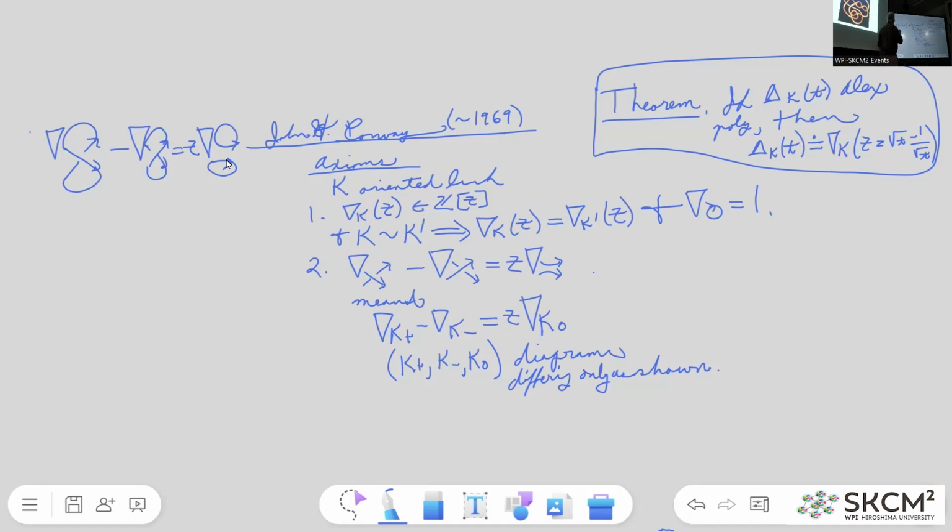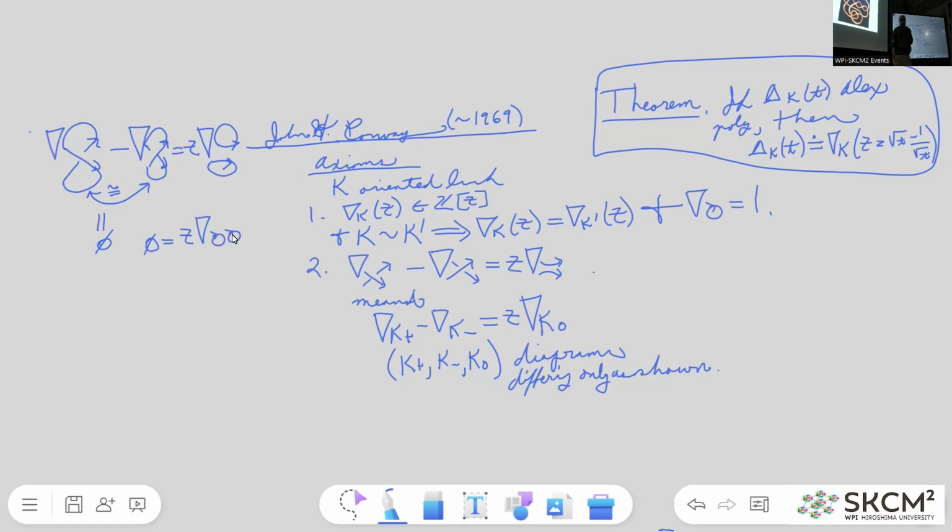And then these are equivalent. So that means that this is zero. This is a Z. So I just got that zero, which I'll write with a slash through it, is equal to Z times nabla of, I'll link the two components.